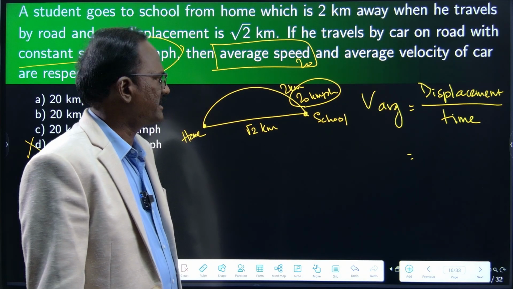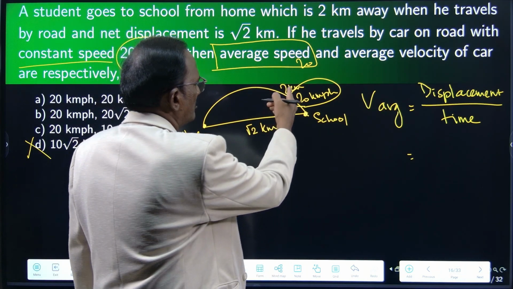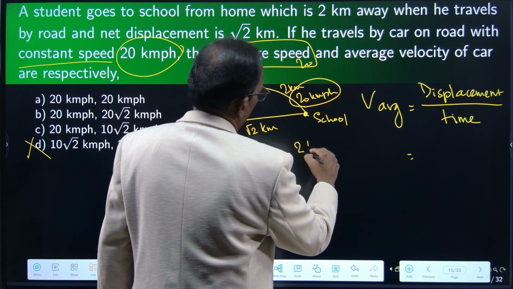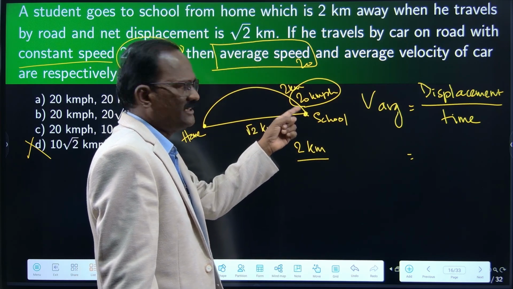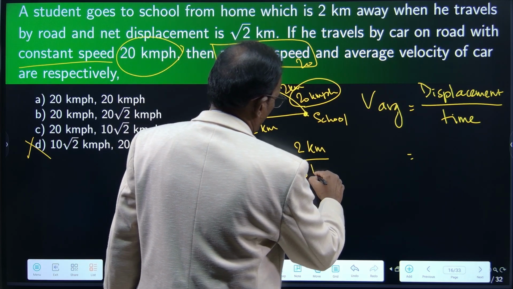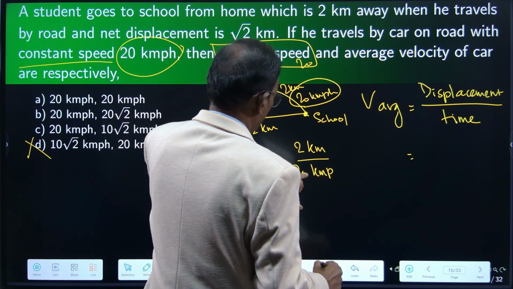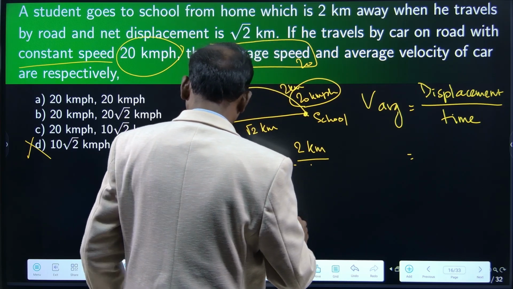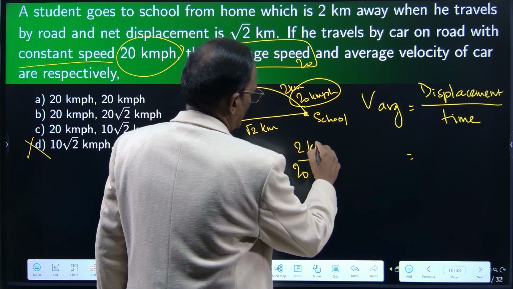From these two values, we are going to get the time. By car, he is traveling the 2 kilometer with a speed of 20 kilometer per hour.